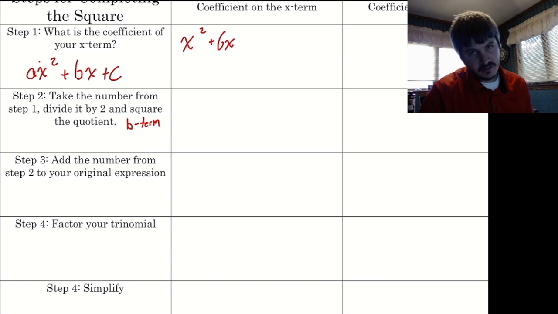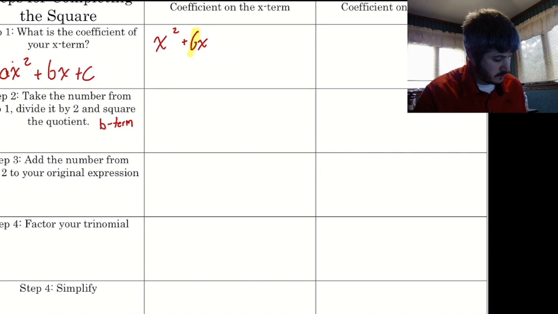You'll notice there's no c term right now, we're just calling it 0, which is fine. We're going to focus on the b term. The b term is always the number in front of the x. We're going to take that number, divide it by 2, and then square the quotient.